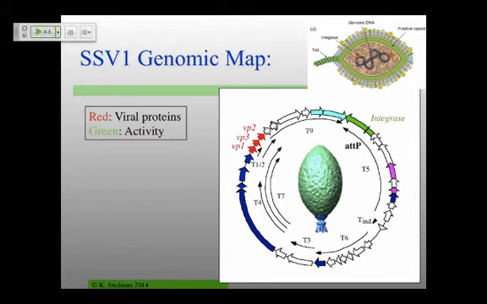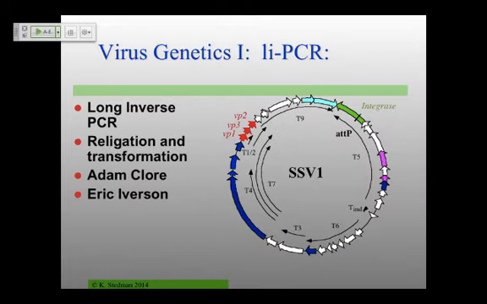What's going on with the whole rest of the genome? We basically have no clue. Or at least we didn't when I first got started on this far too many years ago. So one of the ways that we've been trying to figure this out is using a technique that my graduate student, Adam Clore, developed about 10 years ago now, which we call long inverse PCR.